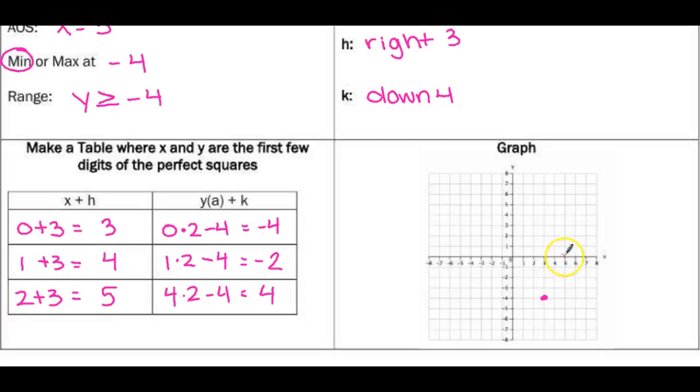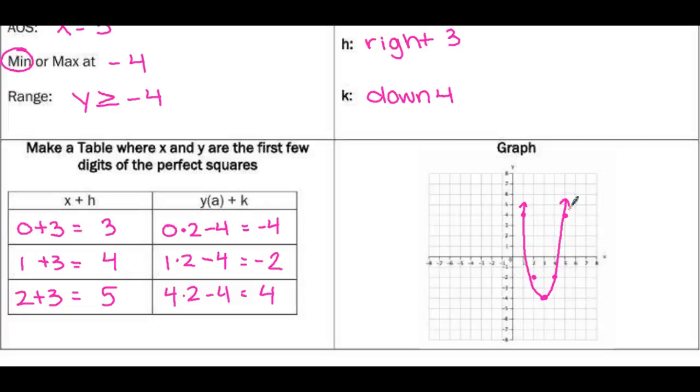So graphing those points, remember, if this is the vertex and it goes up to right 1, it also goes up to left 1. If it goes up 8 and right 2, it goes up 8 and left 2.